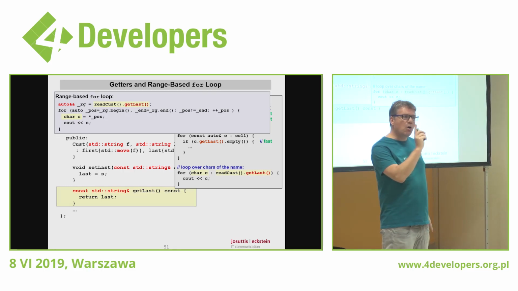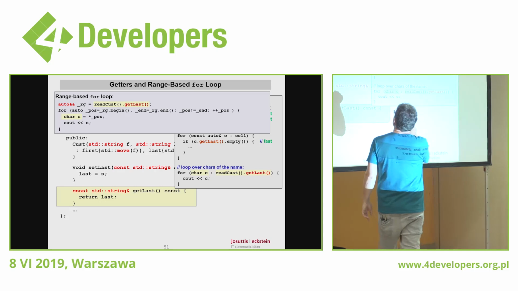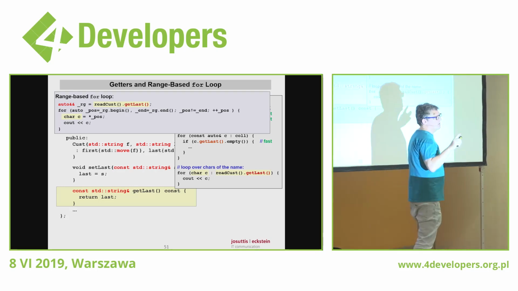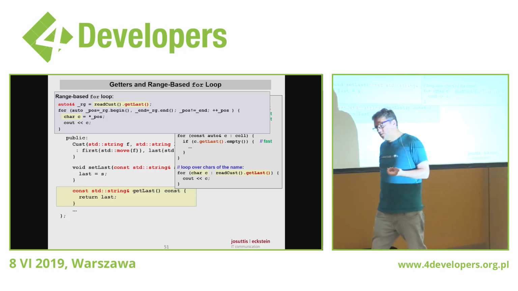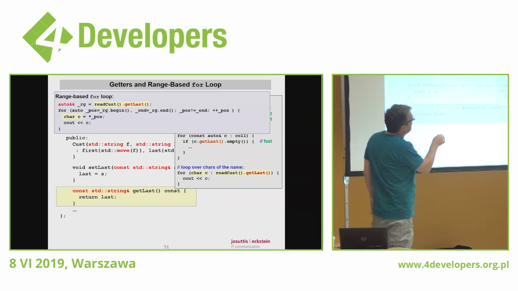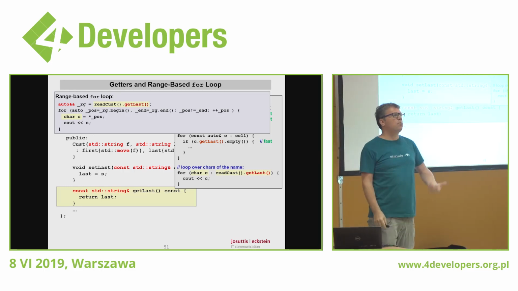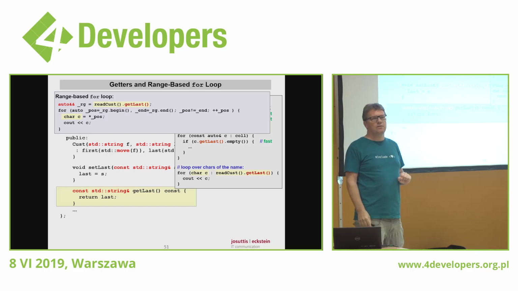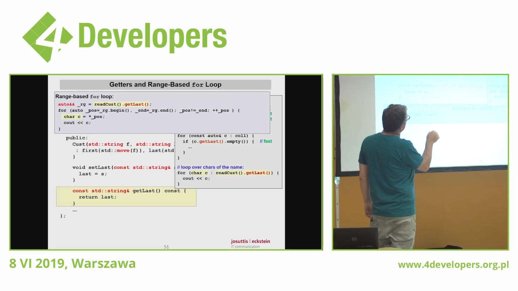But only if the thing you have here on the right is used to initialize this. It does not extend the lifetime of indirectly returned things. So this will extend the lifetime of what get_last returns, but it will not extend the lifetime of what read_cast returns. And that means read_cast returns a customer.